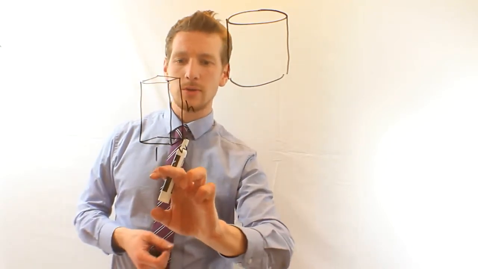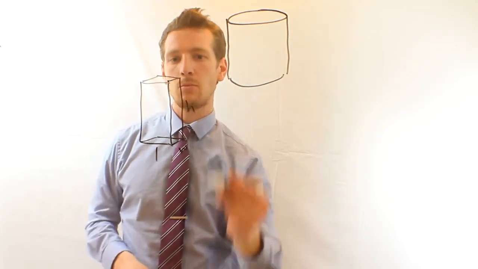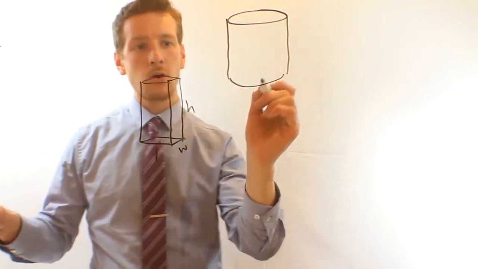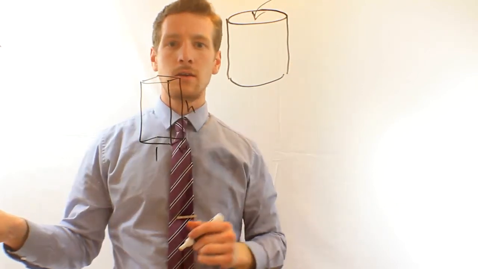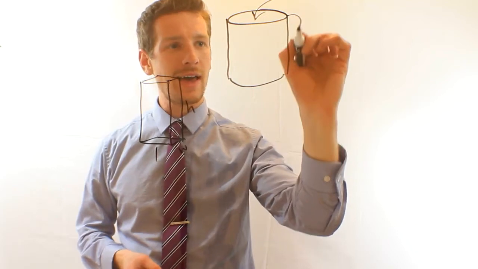So think about what we're doing there. We're taking the area of the square at the base and we're multiplying it by the height. Well, we can do the same thing with the cylinder. We can find the area, which, keep in mind, is two-dimensional, and we can add that third dimension, the height.